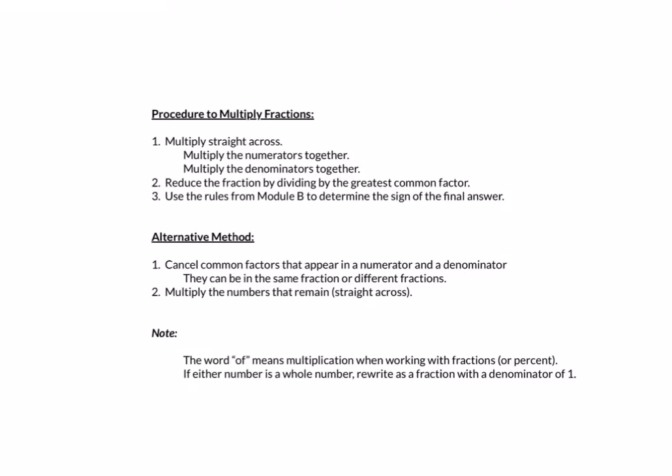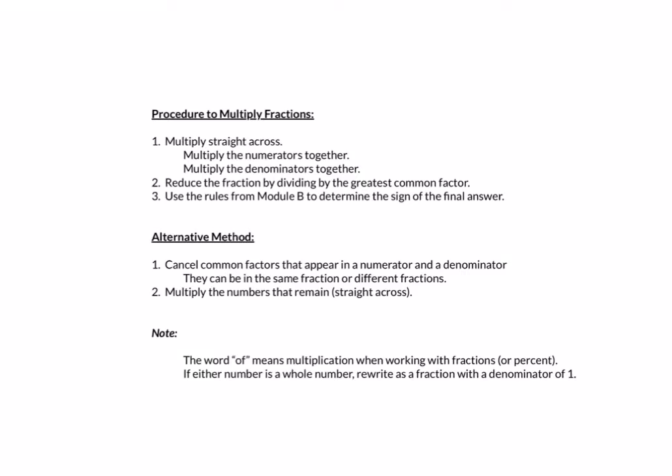So what we do is we cancel common factors that appear in a numerator and a denominator. Note they can be in the same fraction or in different fractions. The main thing is it has to be a top and a bottom. Once we've canceled our common factors, then we can multiply the numbers that remain straight across.